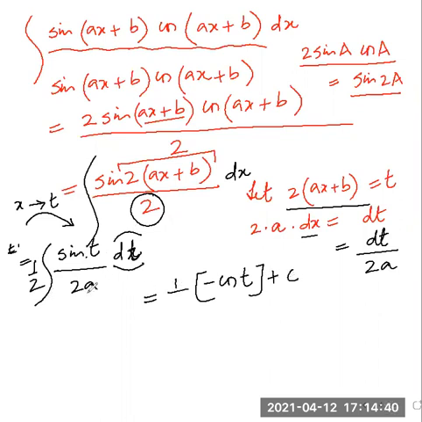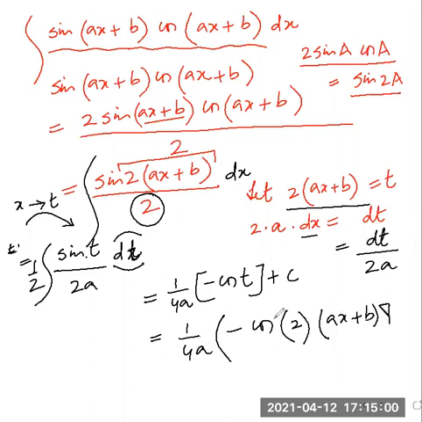So 2a will multiply with 2 and becomes 1 by 4a, right? So this is equal to 1 by 4a into minus cos of what? What is t? t is 2ax plus 2 into ax plus b. Beautiful. We got the answer, plus the constant of integration c.